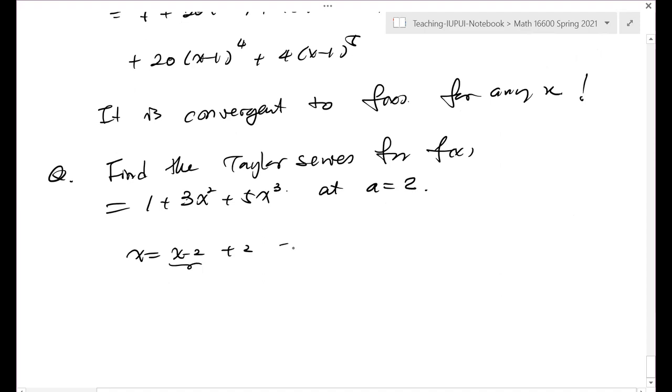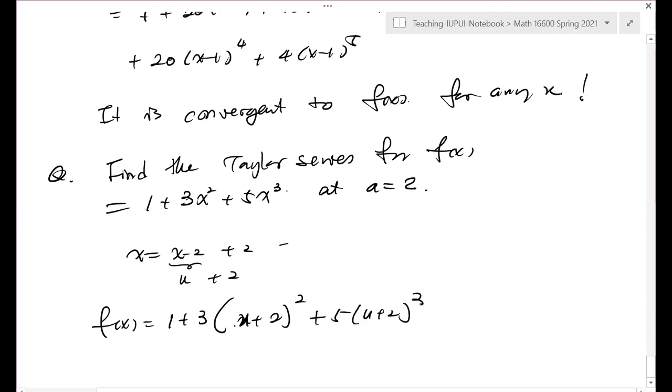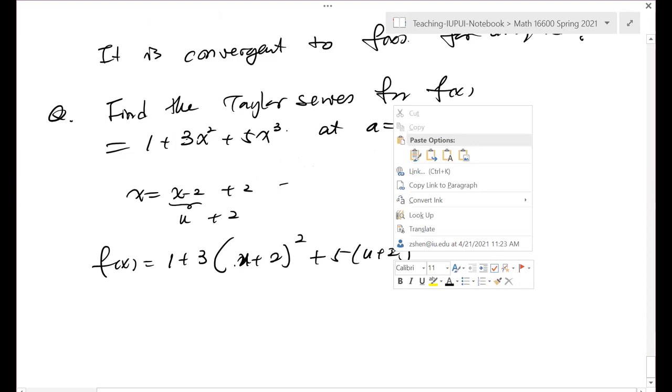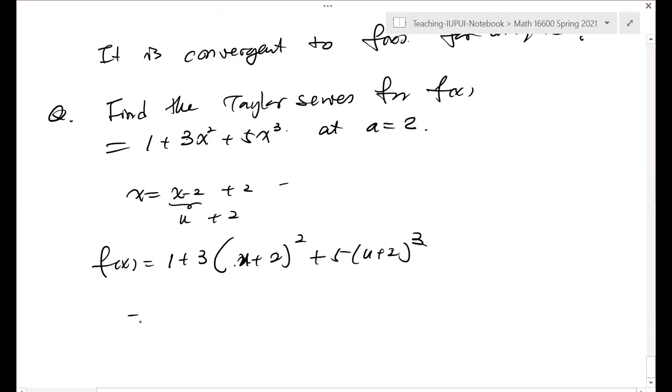Okay, so this is u. So the function becomes, I'm going to call x minus 2 equal to u, so x is u plus 2. So it's 1 plus 3 times u plus 2 squared plus 5 times u plus 2 cubed. I'm going to expand it, express it as a polynomial in u. So u plus 2 squared is u squared plus 4u plus 4.